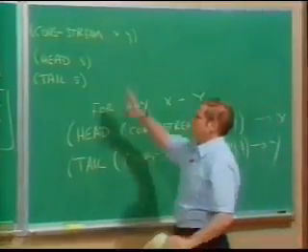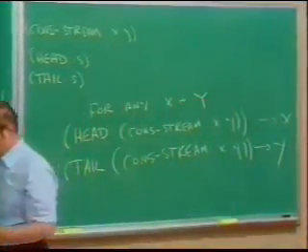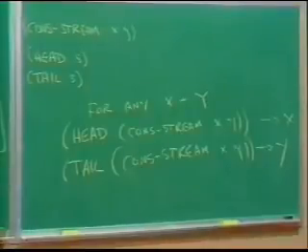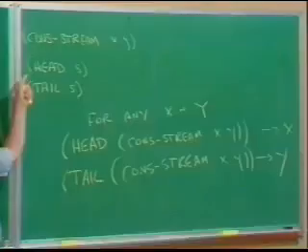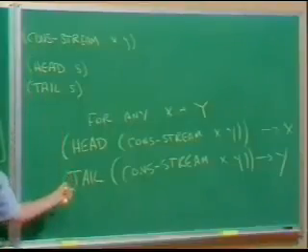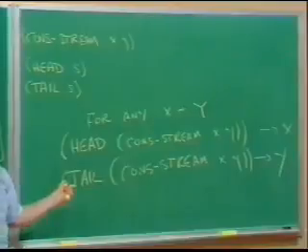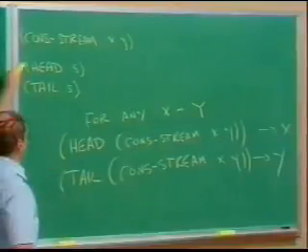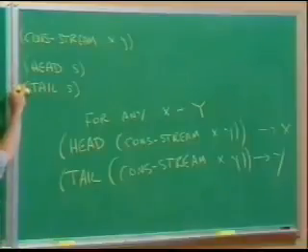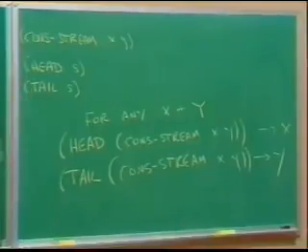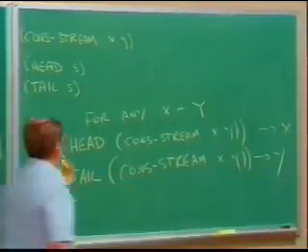So those are the constructor, two selectors for streams, and an axiom. There's something fishy here. You might notice that these are exactly the axioms for cons, car, and cdr. If instead of writing constStream, I wrote cons, and I said head was the car and tail was the cdr, those are exactly the axioms for pairs. And in fact, there's another thing here.